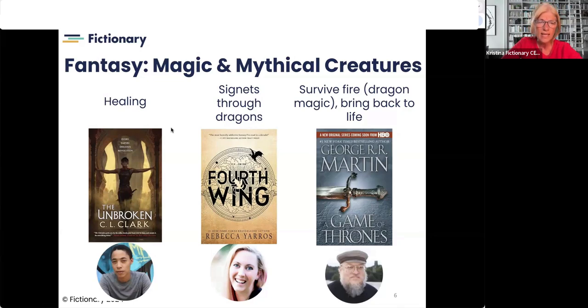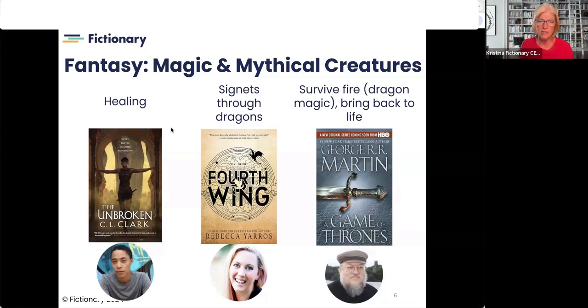And what they have, so the Unbroken is by C.L. Clarke. The magic in the book is healing magic, so you can heal somebody. It's a military fantasy with this magic, but it's very soft, not huge like in Fourth Wing. In Fourth Wing it's really strong magic. Magic is everywhere, in every scene.